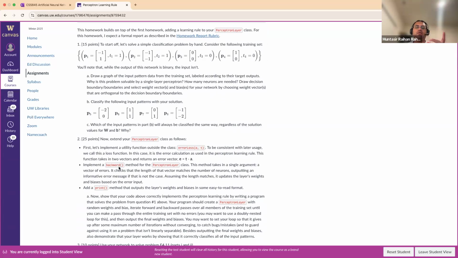So inside backward, you would have W plus X or W minus X. If you are not embedding X inside A, then you can explicitly have X as a parameter in your backward function. That's perfectly fine. But make sure you comment it so that the grader knows what you're doing here.